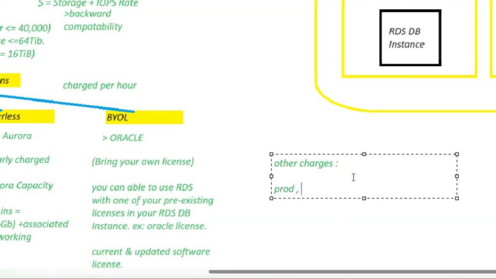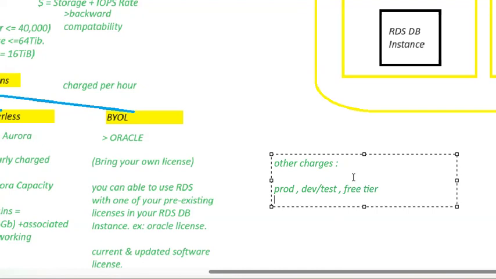While creating, you have seen the production environment, the development or test environment, and the free tier environment is also there, right? So if you select production or development or test environment, you won't be charged for backups. So no charge for backups at that time.